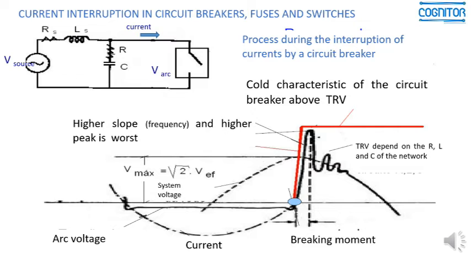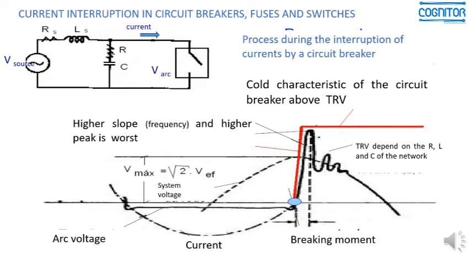Now you may see the process of current interruption, which occurs in circuit breakers, fuses, and switches. In the top left side, you may see a figure with one circuit composed of resistance, inductance, and capacitance, fed by a source voltage.